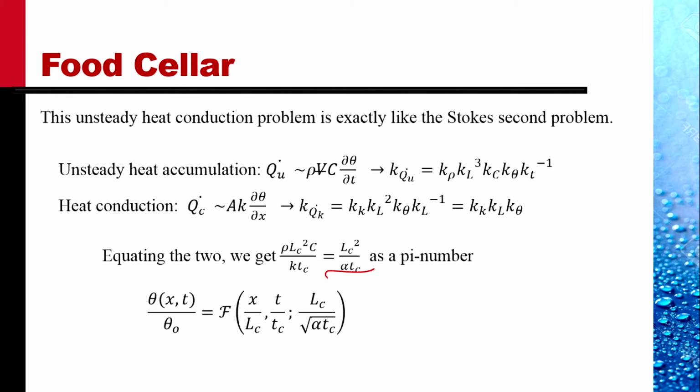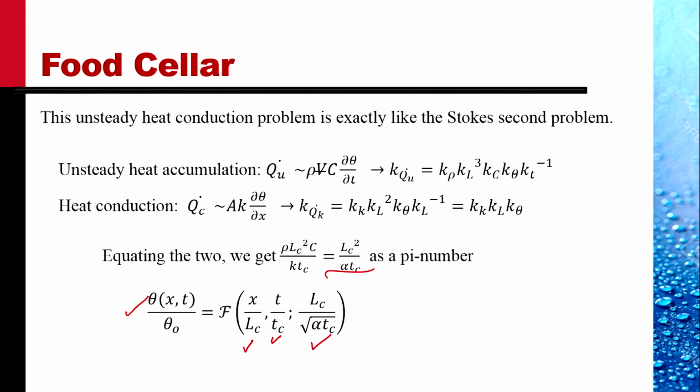With this, the normalized temperature difference, theta x t divided by theta naught, where theta naught is the amplitude of the temperature fluctuation at the surface, is a function of x by Lc, T by Tc, Lc by under root alpha Tc.